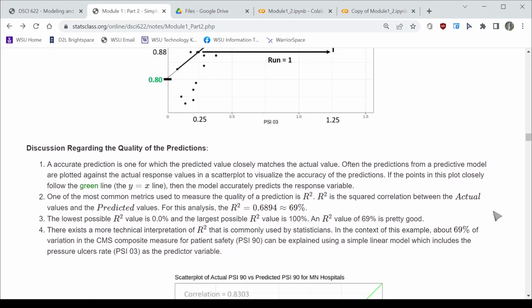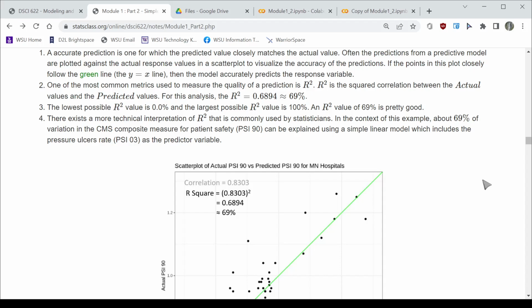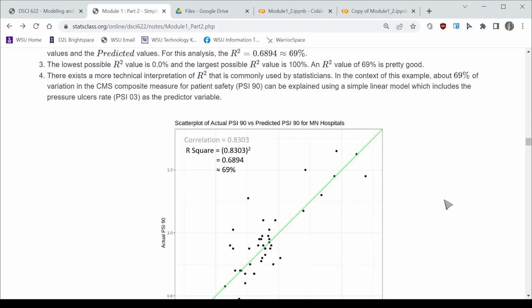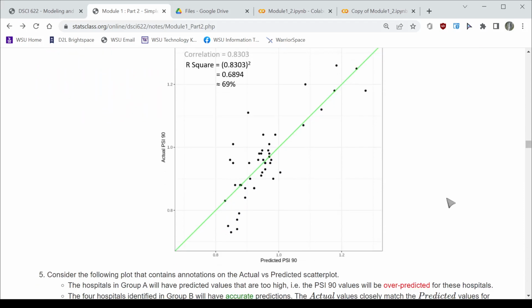The R-squared's values range from 0 to 1, or from 0% to 100%. If the R-squared value is at 100%, this plot would have all of the dots right on top of the green line, which means all of my predictions are very close or actually on the actual PSI.